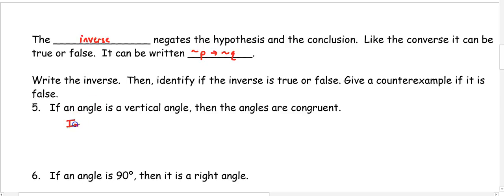So our inverse here, we're going to keep the same order, but we're going to have the opposite. So basically for the opposite, if the word not is already there, we're going to take it out. If it's not there, we're going to put it in. So in this case, we would say if an angle is not a vertical angle, then the angles are not congruent.